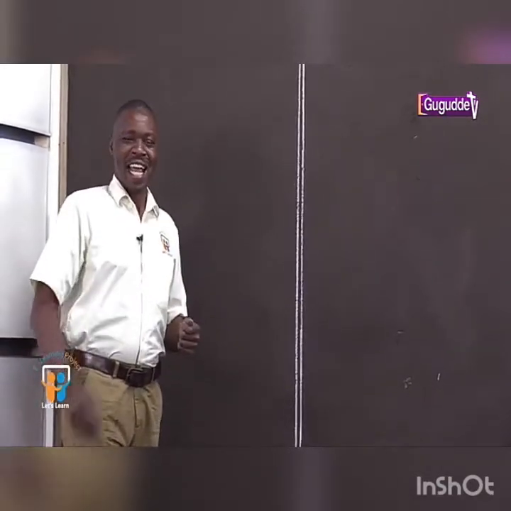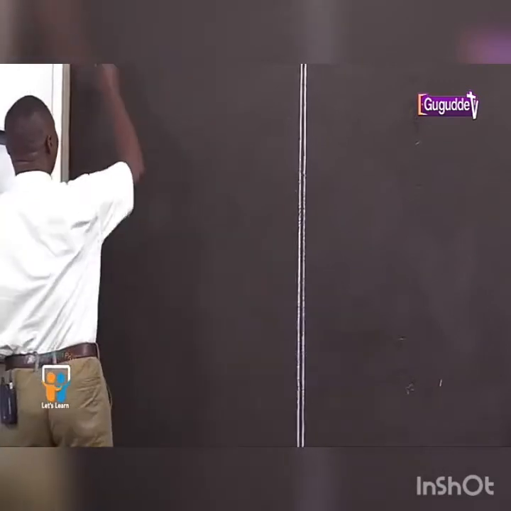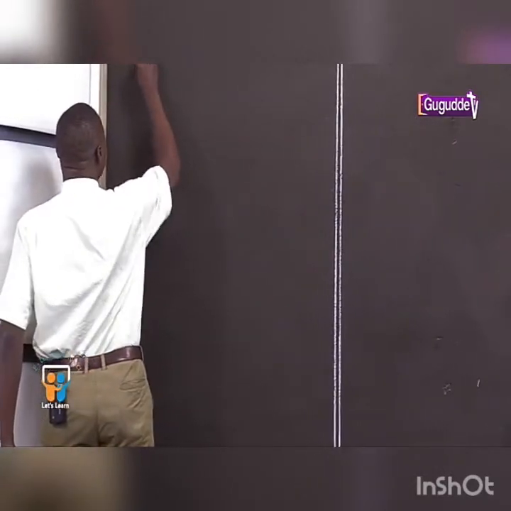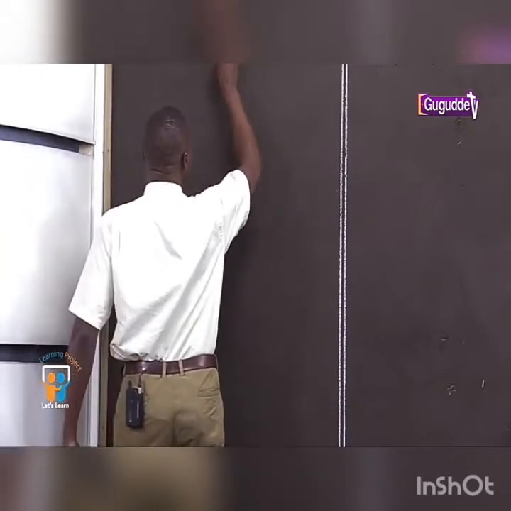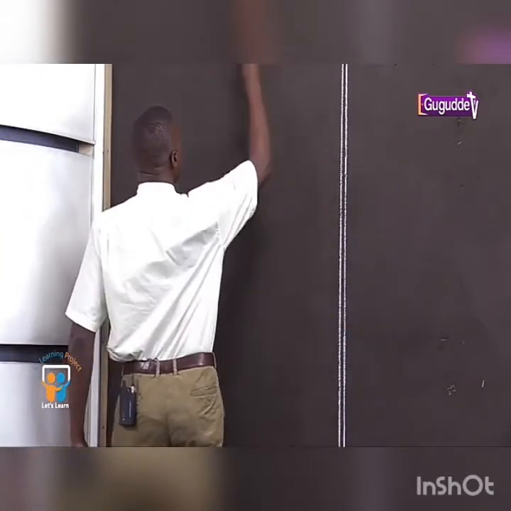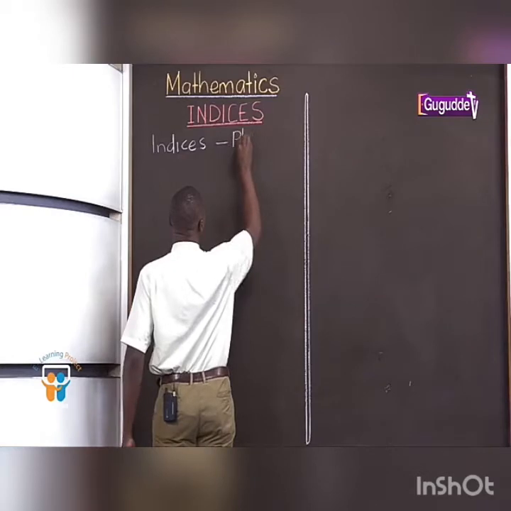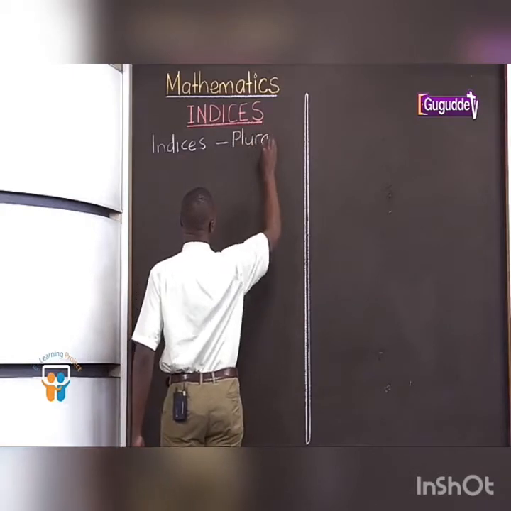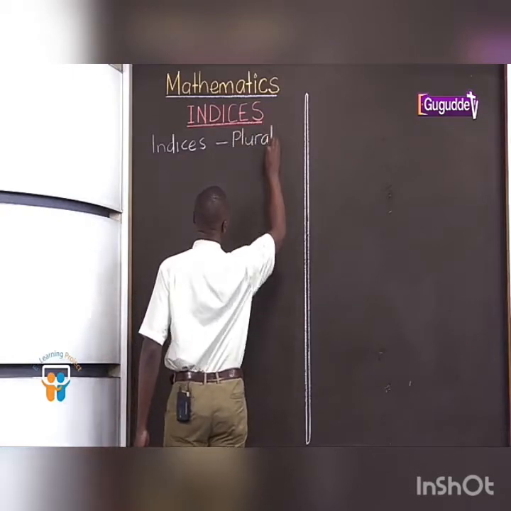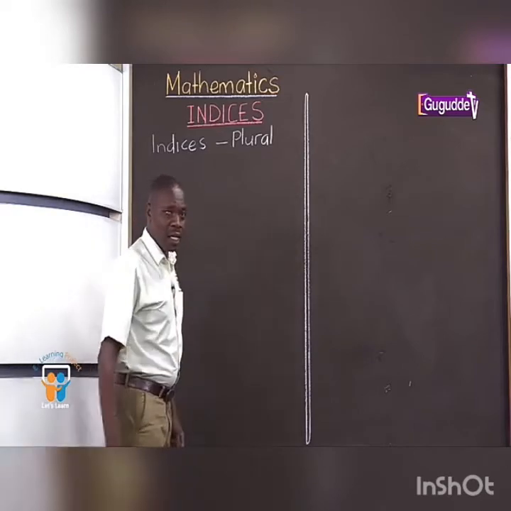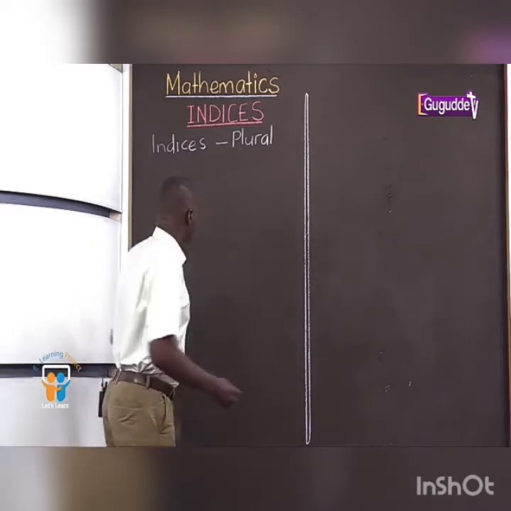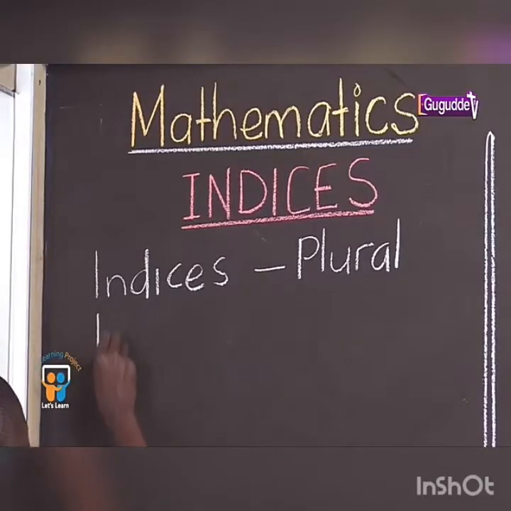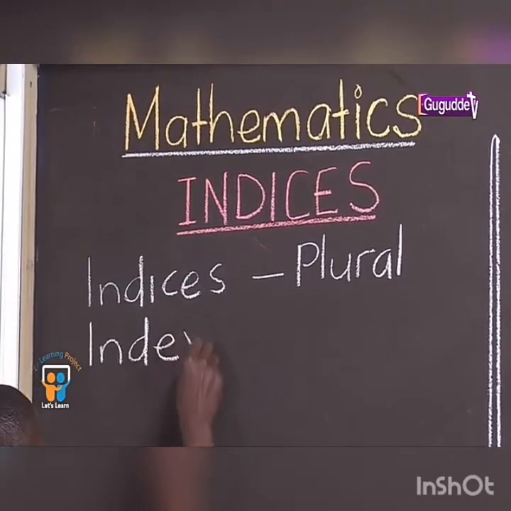Now, what you need to know is the word indices is the plural form. While when it is not plural, it is only one, then we are going to have it as index.